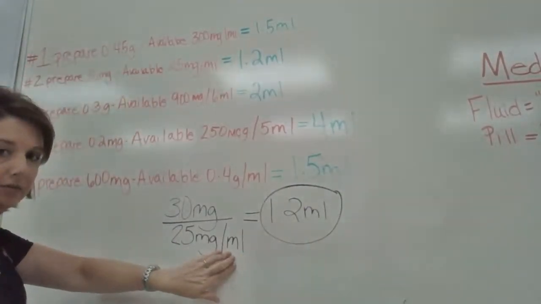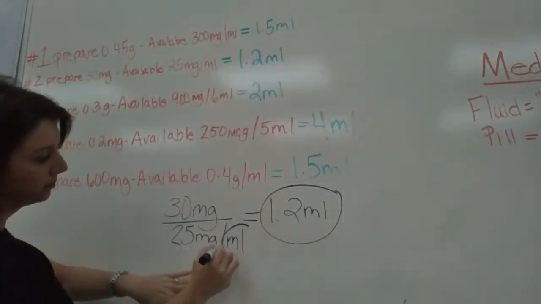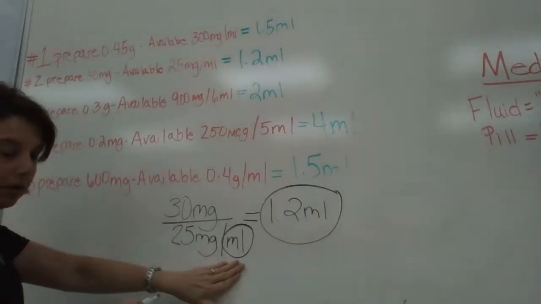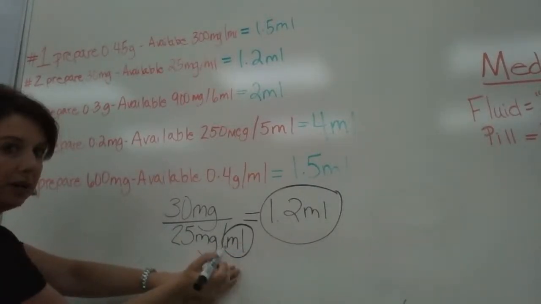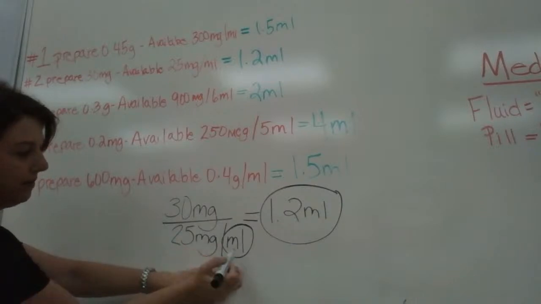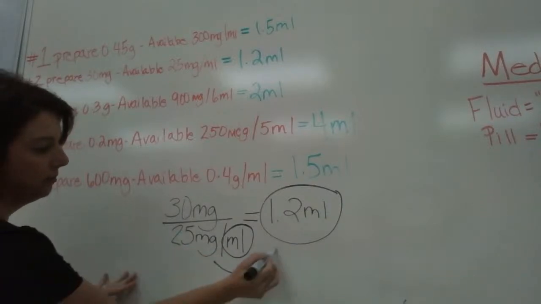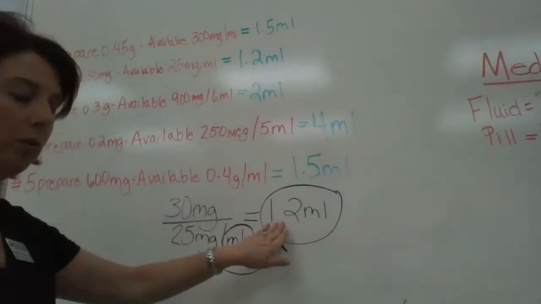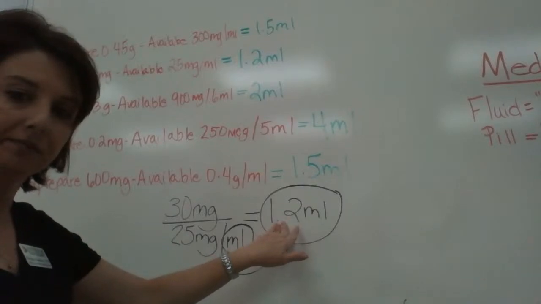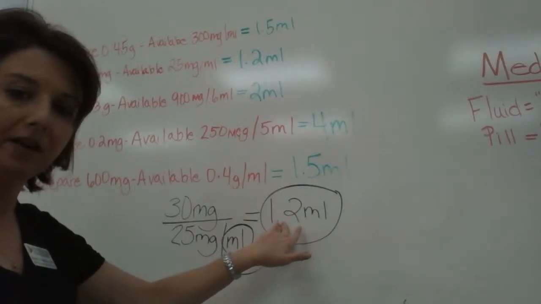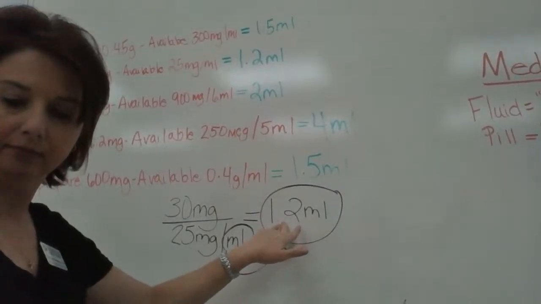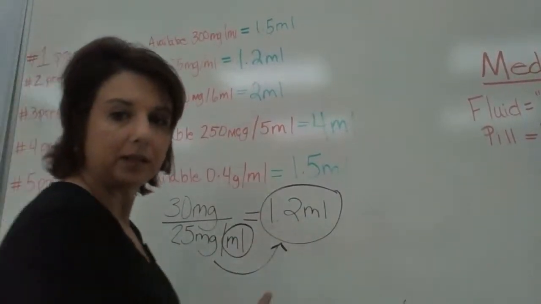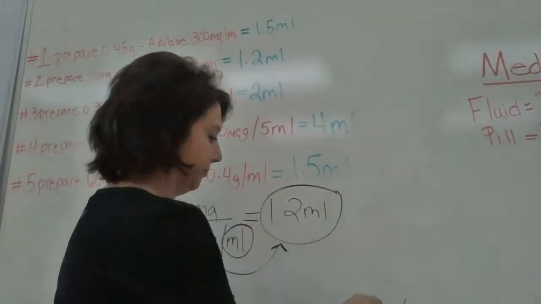Had we had a different number here, it was only a single number per meal, we would have had to multiply that, but it was a single meal. So it was 25 milligrams per meal. You're going to give 1.2 meals of that medication. Very good. 30 divided by 25. So you're going to have this picked up in no time.